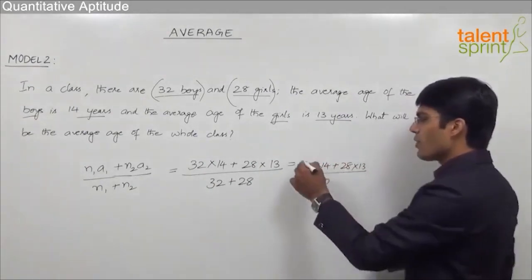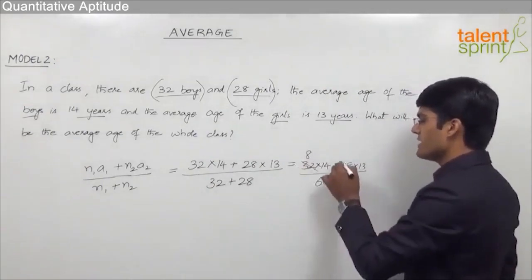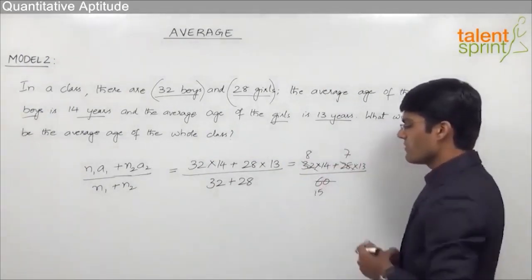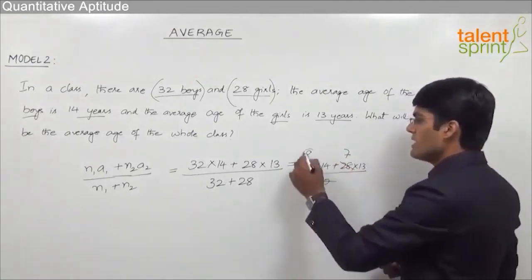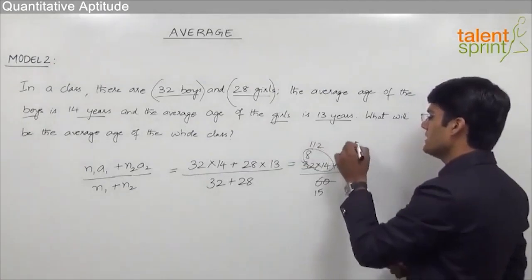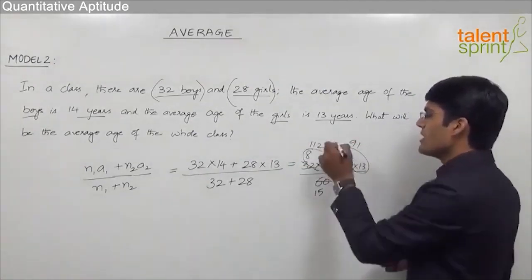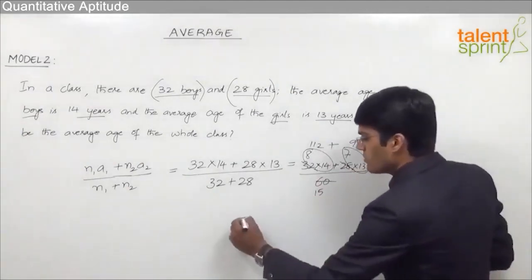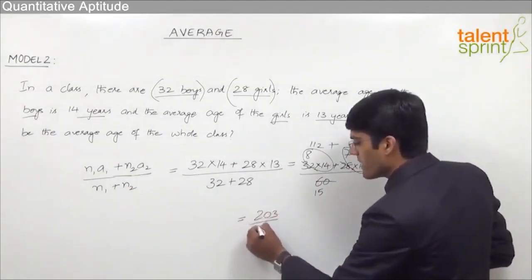Now by taking 4 common here, we get 4 into 8 as 32, 4 into 7 as 28, and 4 into 15 as 60. So 8 into 14 will be 112, 7 into 13 will be 91. So 112 plus 91 divided by 15, which will be equal to 203 divided by 15.